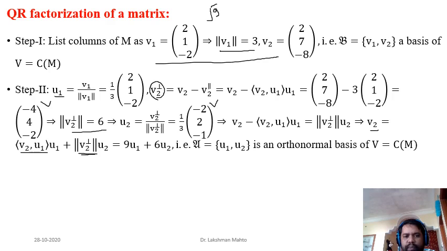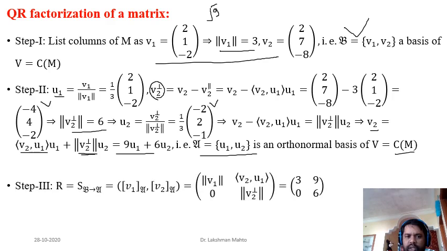This representation is used to find the change of basis matrix R. So during this process we got our orthonormal basis of the column space of M. The second step is the lengthy one, and it is already completed.